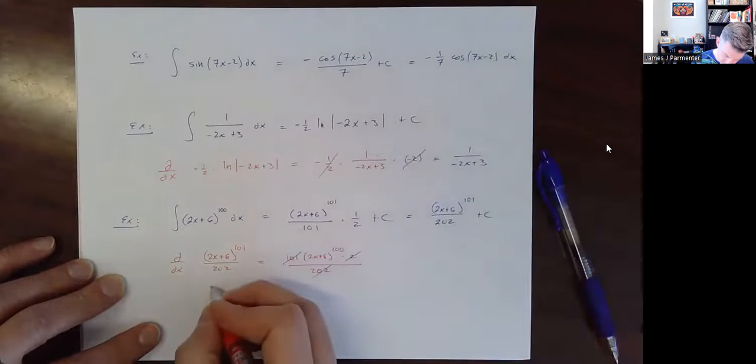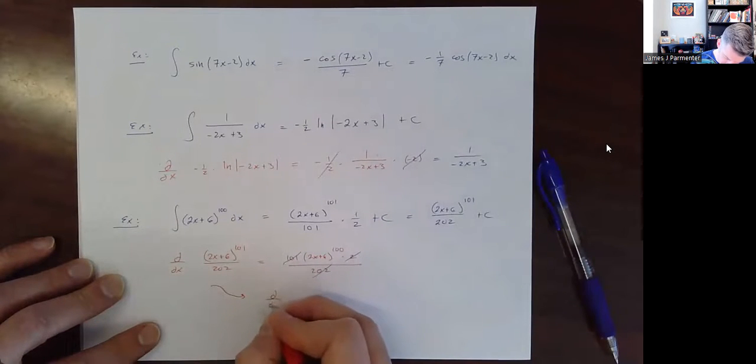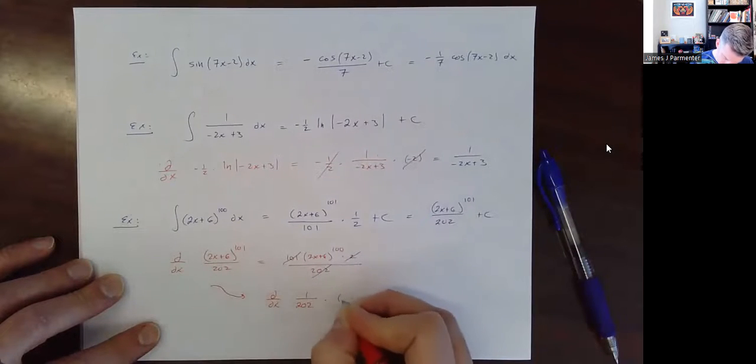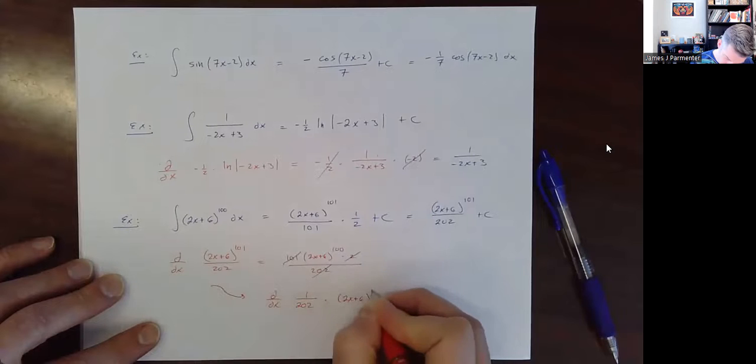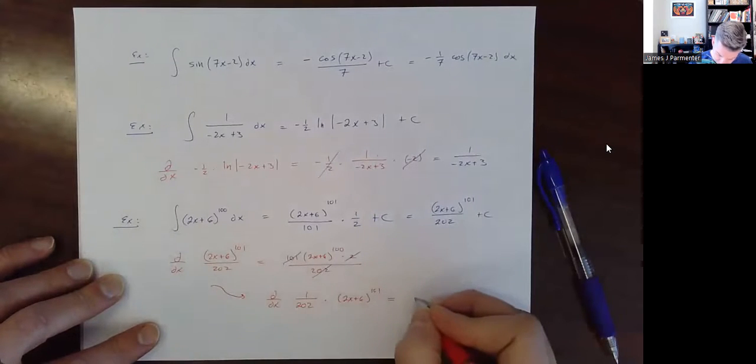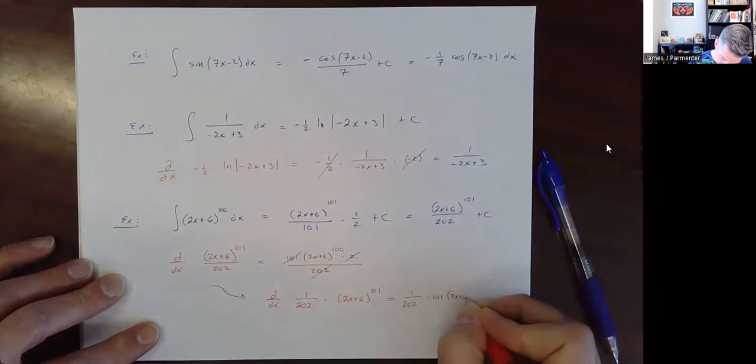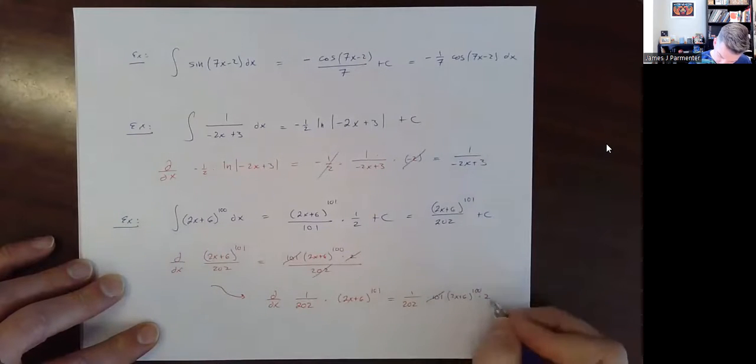If you prefer, you could also rewrite it as the derivative of 1 over 202 times 2x plus 6 to the 101st power. And then the derivative is exactly the same thing. That's 1 over 202, and the derivative of this to the 101st is 101 times 2x plus 6 to the 100th power times 2. And again, the appropriate things cancel.